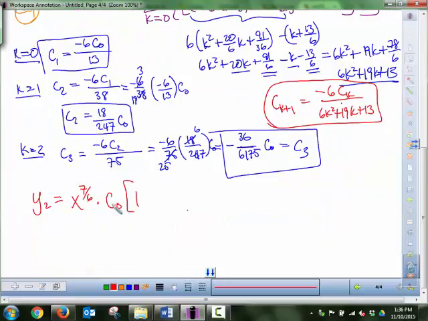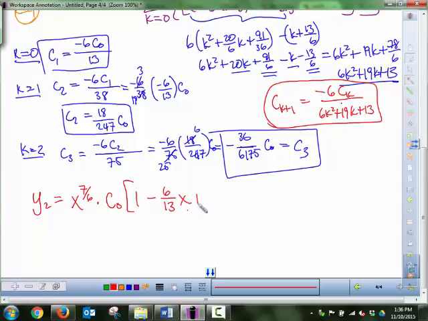So that's c sub 0 plus c sub 1 times x. c sub 1 has a c sub 0 that we factored out, so we're really just concerned about this negative 6 over 13 times x.